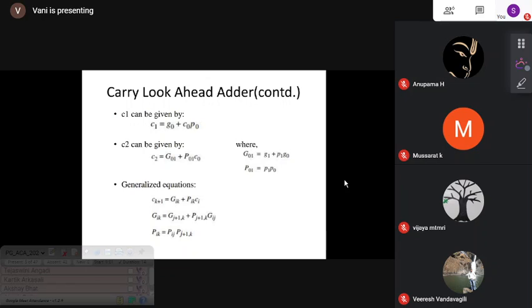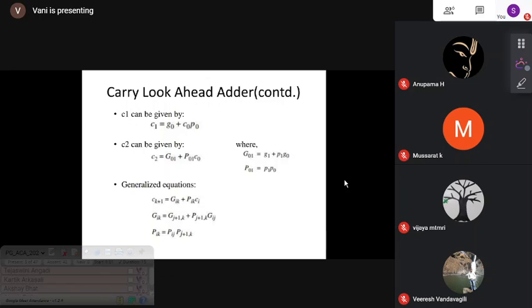That is, C2 is high if carry is generated from the first two blocks, that is block 1 and block 2.